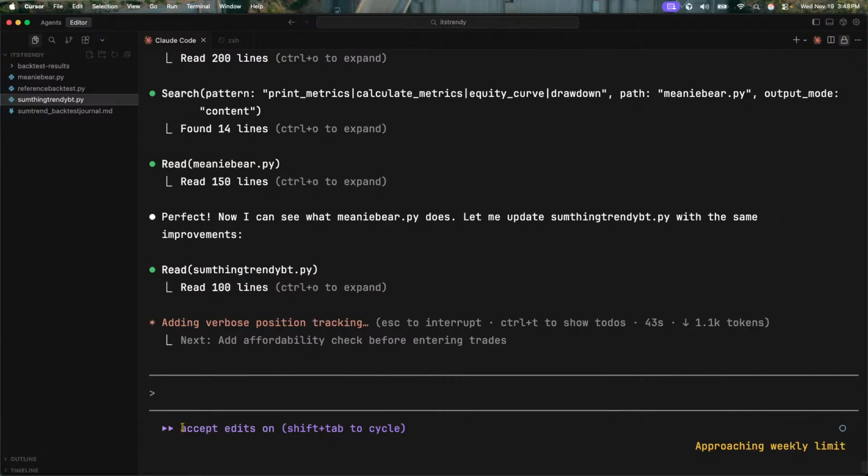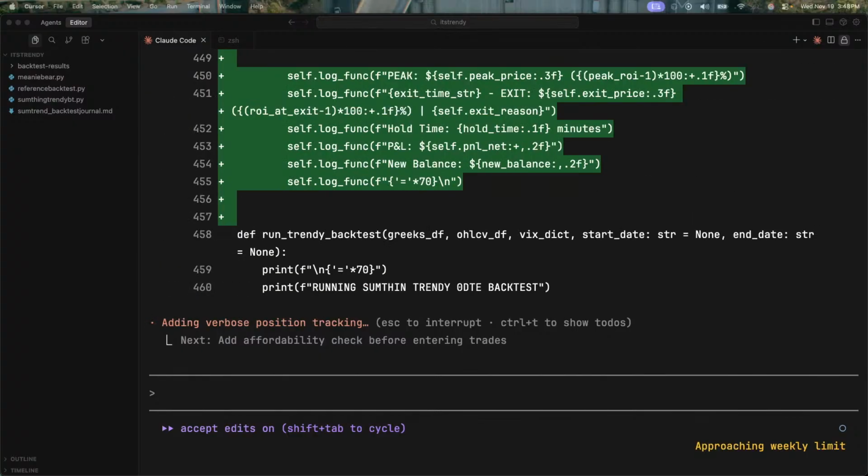Because that little bullshit you gave us, I'm like, bro, what are we really doing?